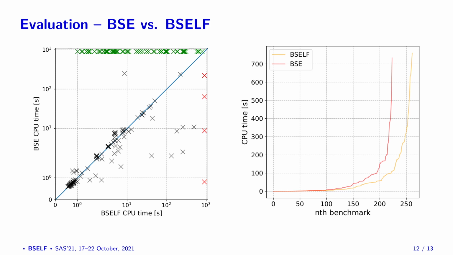And there are many green crosses, which are benchmarks solved only by BSELF. The fact that BSELF clearly beats backward symbolic execution can be seen also from the quantile plot on the right that shows how many benchmarks backward symbolic execution or BSELF would solve if the timeout on one benchmark is set to the value on the y-axis.